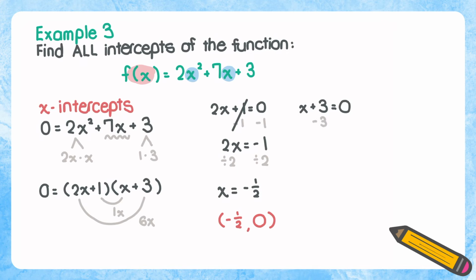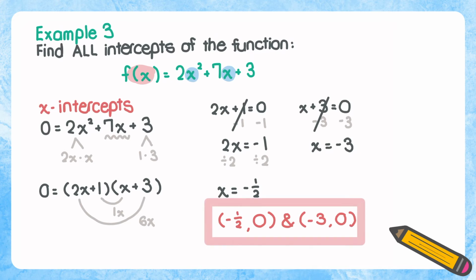For the other option, let's subtract 3 on both sides. Cancels out. We're left with x equals negative 3. So our other x-intercept is at negative 3, comma 0.